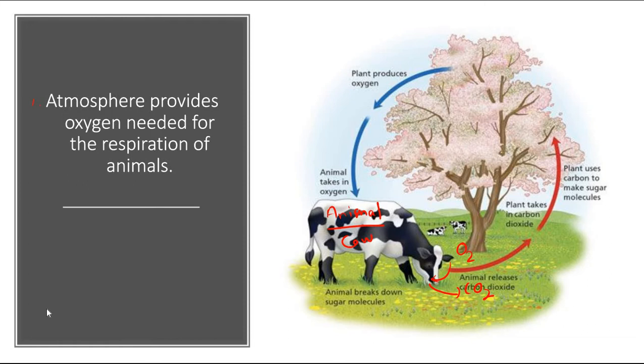This carbon dioxide will be absorbed by the plant trees in order for photosynthesis to take place. And then it will release oxygen, which will be taken in by the cow. And this is a certain cycle which you all will be studying in depth, especially when you come to your ordinary level.